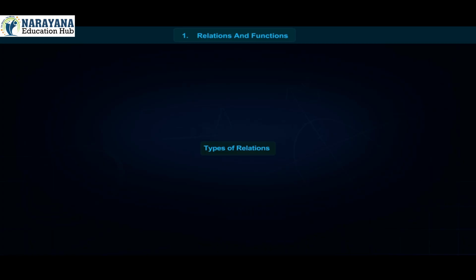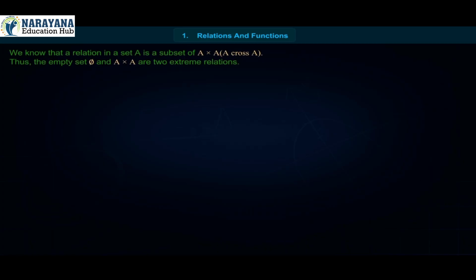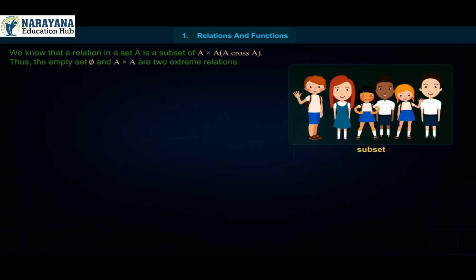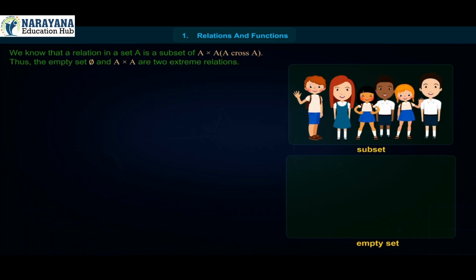Types of relations. We know that a relation in a set A is a subset of A × A. Thus, the empty set phi and A × A are two extreme relations.